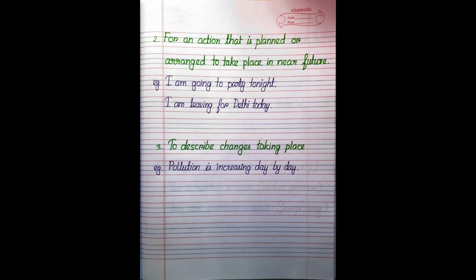Here I have used present continuous tense because it is an undergoing process. Day by day is suggesting that it is an undergoing process. So, in case of an undergoing process, which suggests continuity of an action, we can use present continuous tense.